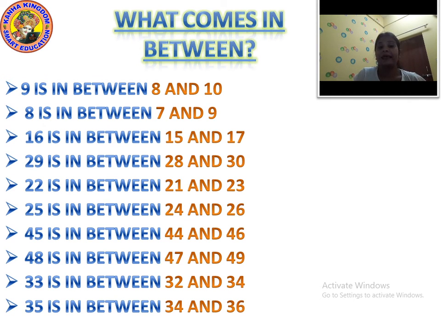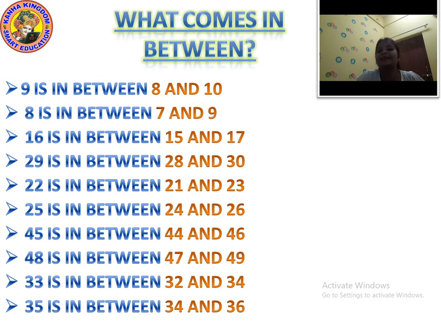What comes in between? Okay, like 9 is in between 8 and 10. 9 comes in between 8 and 10. 8 is in between 7 and 9.